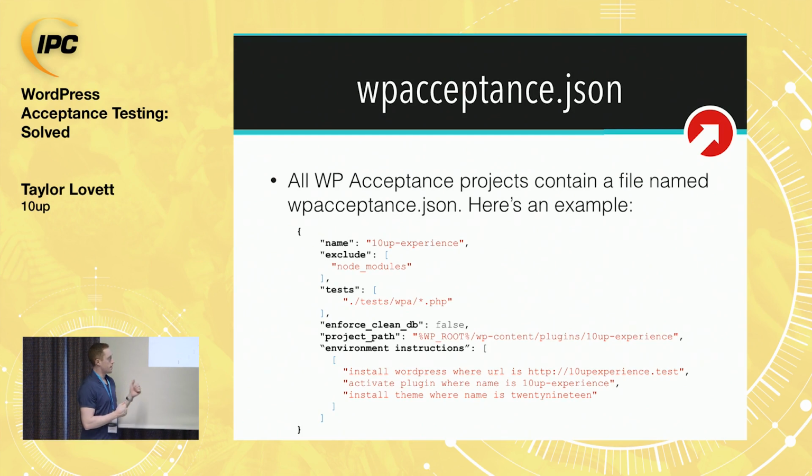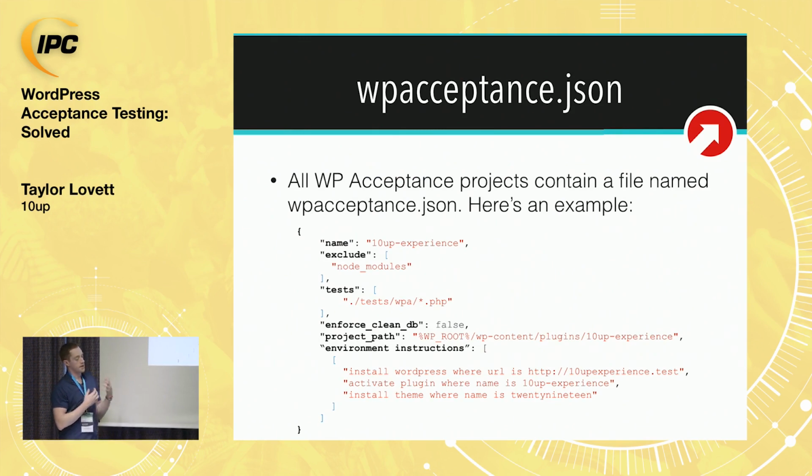The next property, enforce clean database. When you're running acceptance tests with the framework, you can tell it that after each test you want a clean database. This is useful for many reasons, because if you don't have a clean database, each test is potentially modifying your database as it interacts with your web application, creating content, doing whatever.